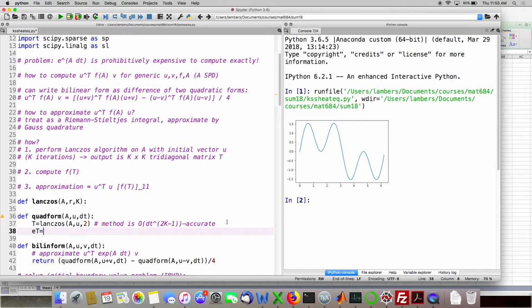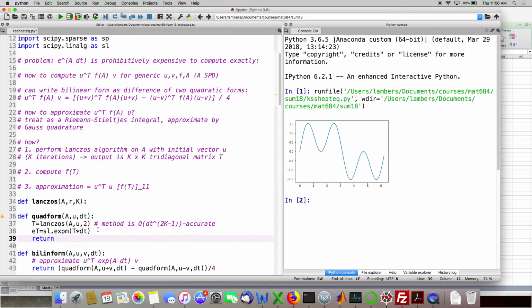Okay, so I go ahead and get my matrix T, and then I need to take its exponential. For that, there's a function in scipy.linalg, scipy.linalg.expm, which does the same thing as MATLAB's expm. I will call that on T times dt, so e to the capital T times delta t. And then all I've got to do is take U transpose U, so I use np.dot of U with itself, times the 1, 1 entry of this matrix here, ET.